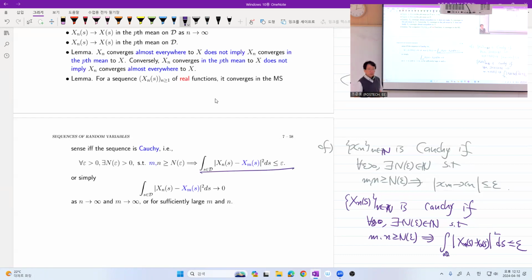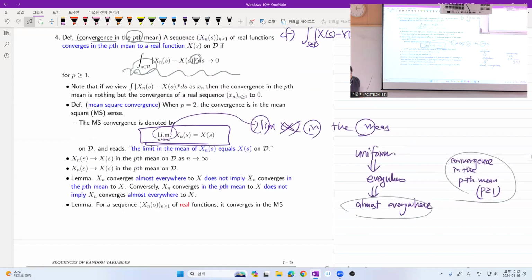Got it? Cauchy in the second mean. If you replace this 2 with p greater than or equal to 1, then it can be generalized, okay? And this definition is, again, not related to anything on the left-hand side.